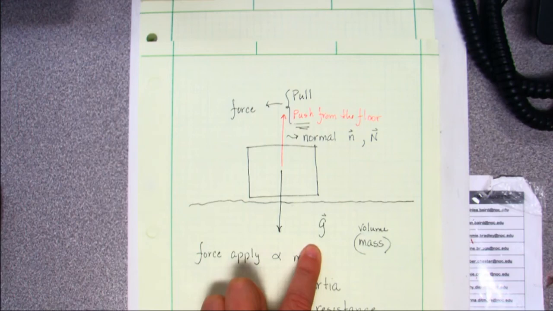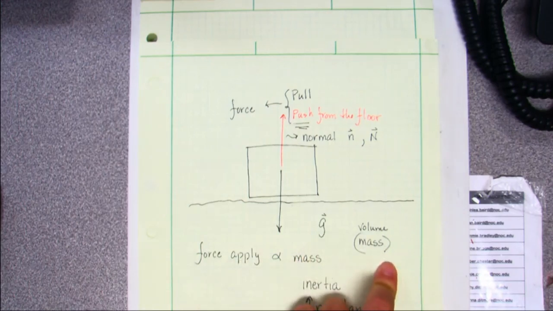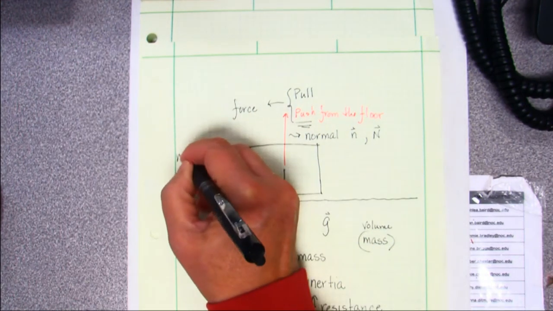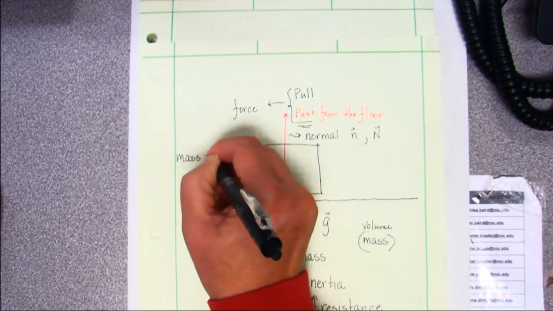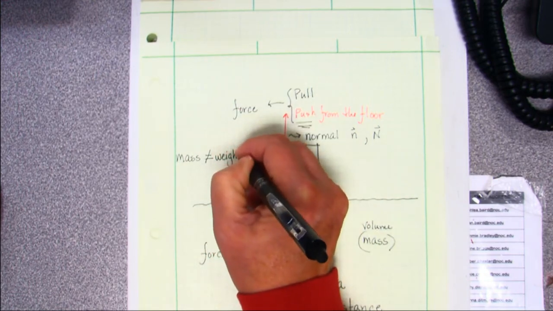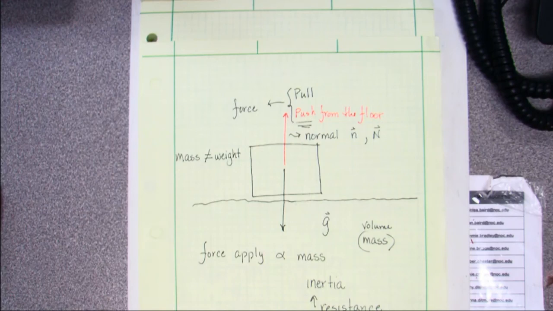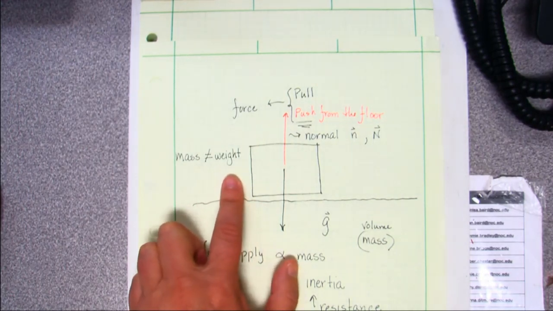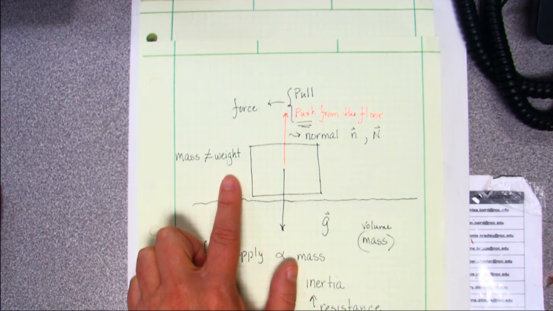Now, we know gravity's acting on it, and we've talked about mass. And this is another key thing. Mass is not equal to weight. Mass and weight aren't the same thing, although we've done a really good job of confusing them.